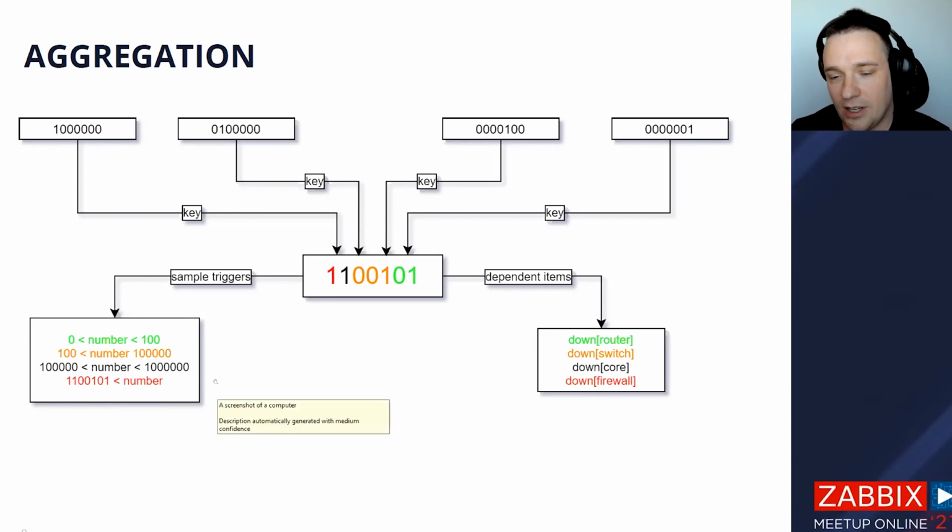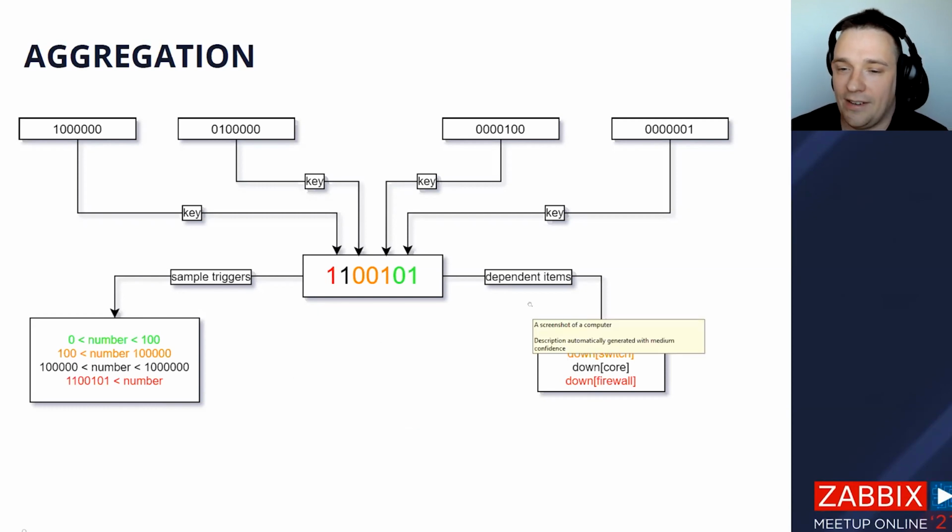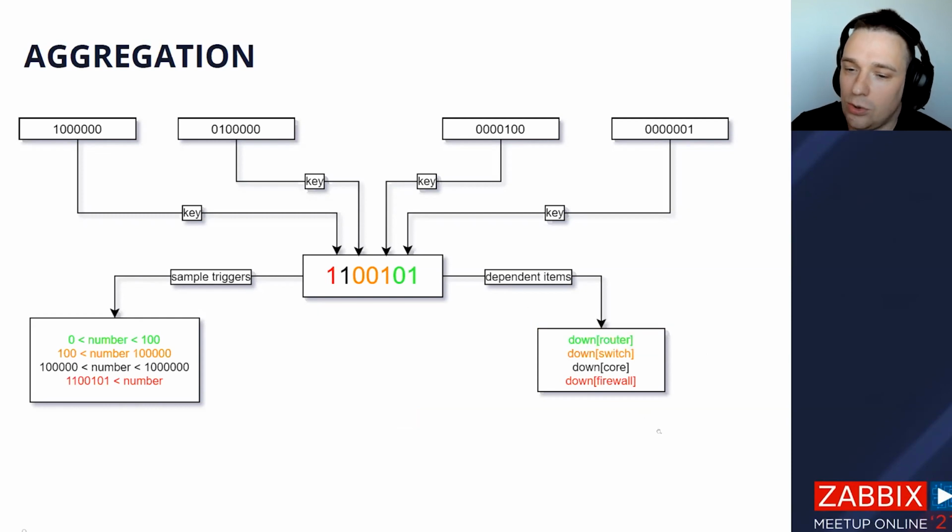But to provide some convenience, we can also split this calculated value back into items which really describe how many devices are down, how many routers are down, how many switches are down, how many core switches are down.